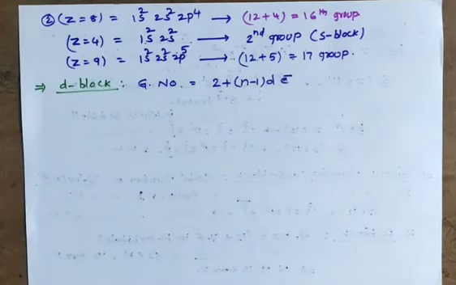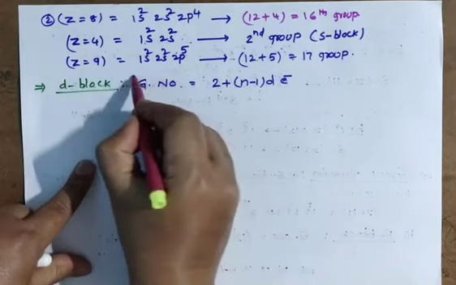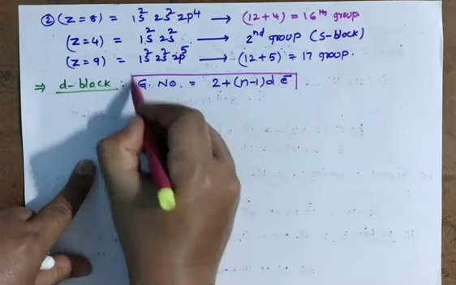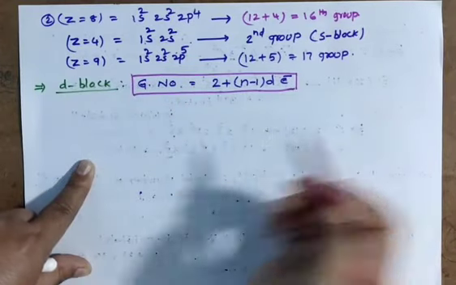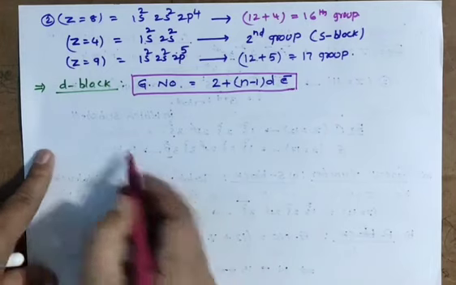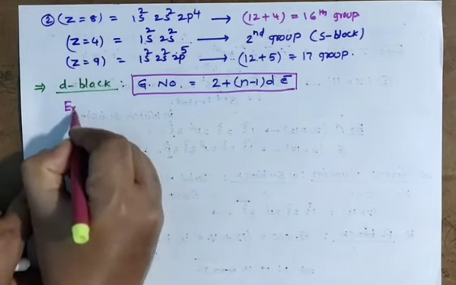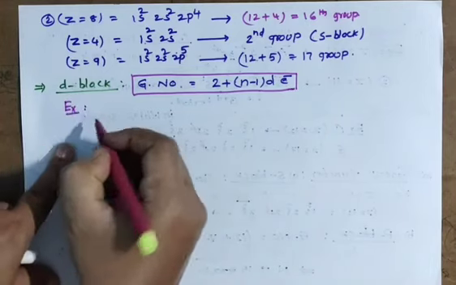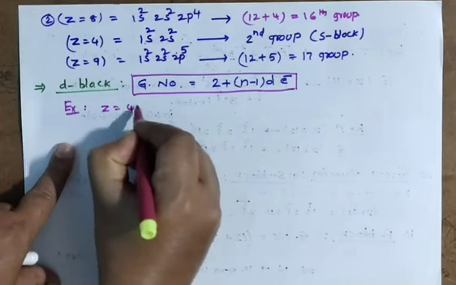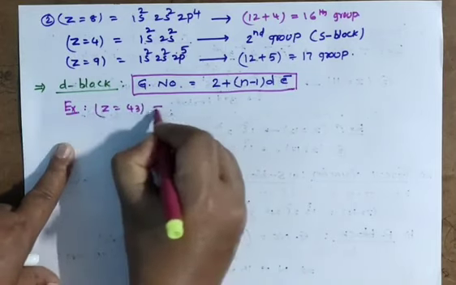Group number equal to 2 plus (n minus 1) D electrons. Here with an example I am taking, very easy. Atomic number 43 is given to you.